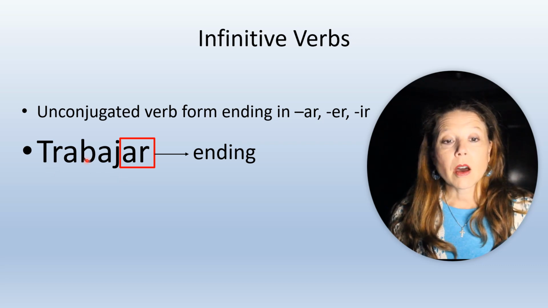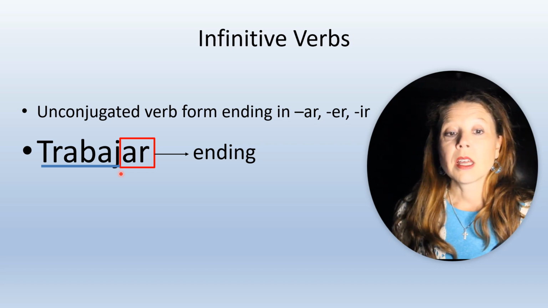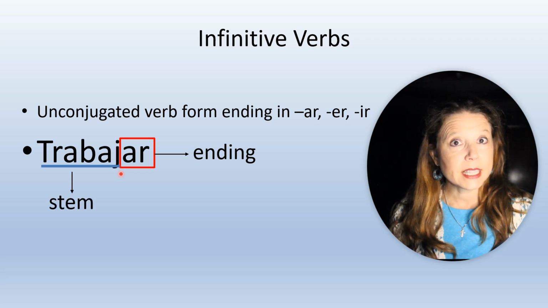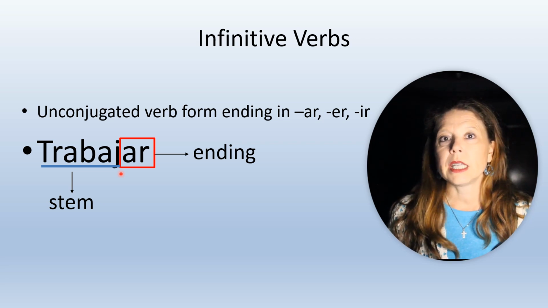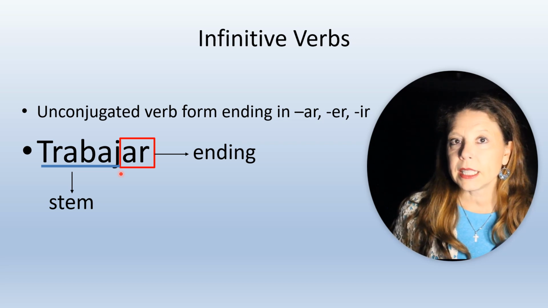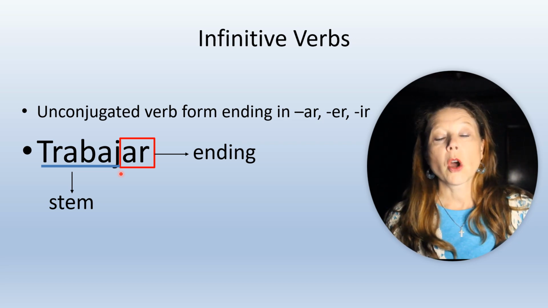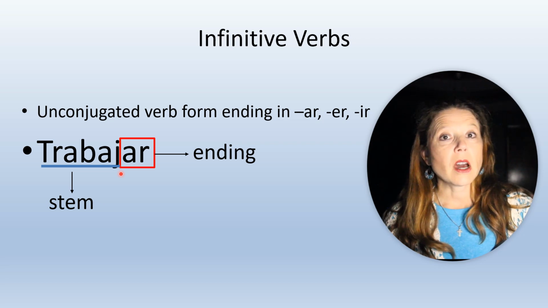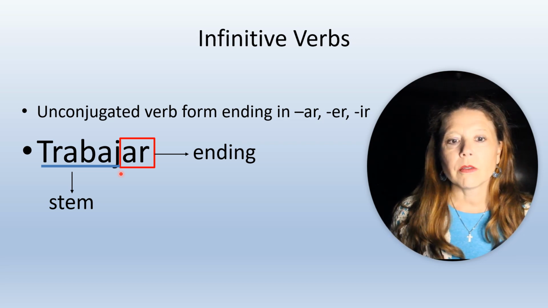The other part of this verb, trabaj, is what we call the stem. You will hear those terms quite often, the ending and the stem of a verb. The stem of a verb is simply the part that we have left when we take off the two-letter ending, which is AR, ER, or IR, of an infinitive verb.